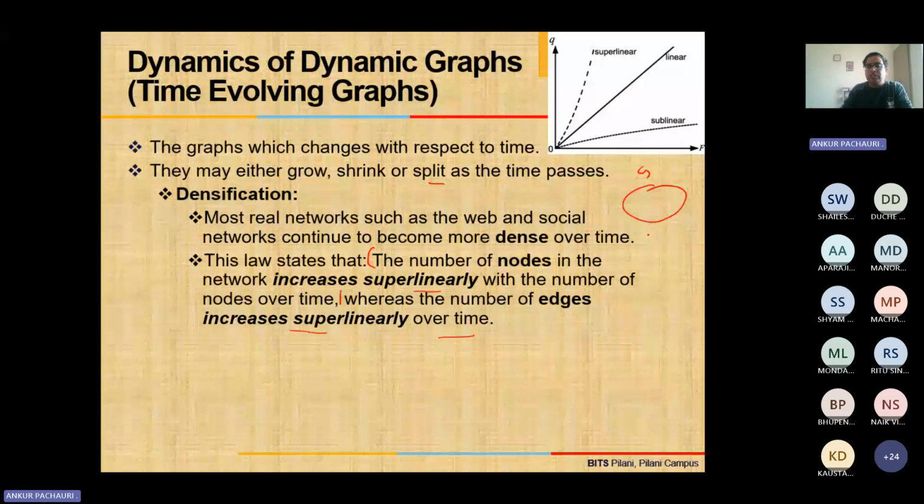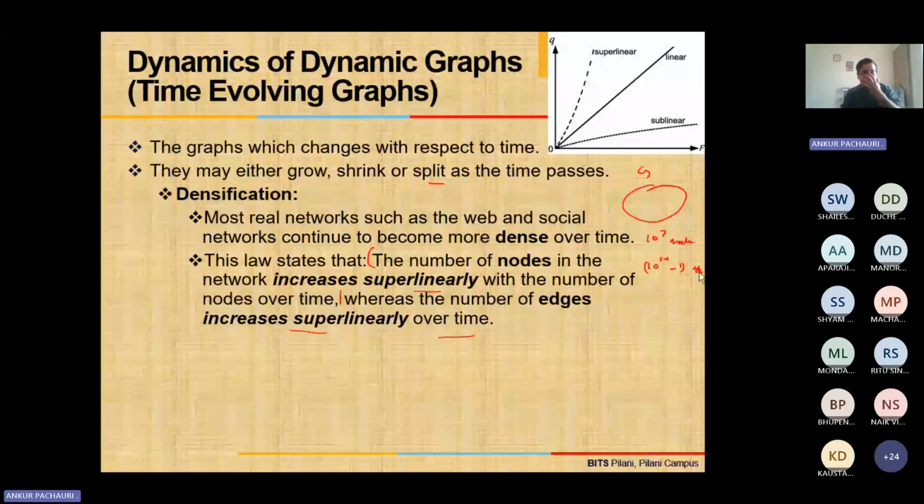Suppose it has 10 to the power 7 nodes. For a complete graph, the number of edges will be n into n minus 1, so every node is connected to every other node, meaning 10 to the power 14 minus 1 edges.